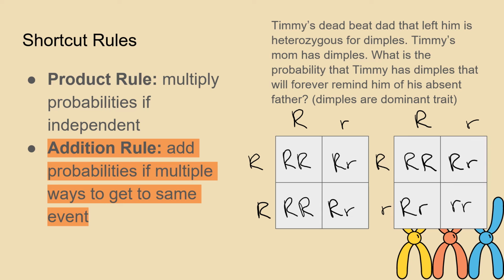So here, there's a 3/4 chance that, oh wait, just kidding. He's guaranteed. And then over here, the chance to have dimples is 3/4. So then you just add it up and that'll give you the probability of him having dimples.